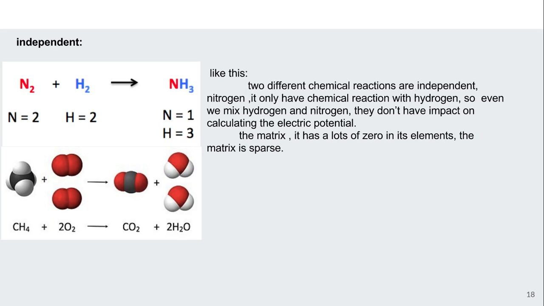Even if we mix hydrogen and nitrogen, no chemical reaction happens, so they have no impact on calculating the electric potential. In this situation, there are a lot of zeros in the matrix because they can't have a chemical reaction, so this matrix is sparse.